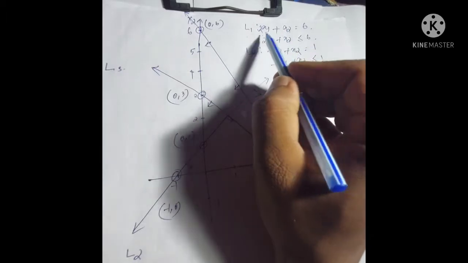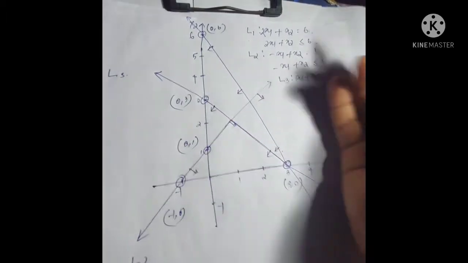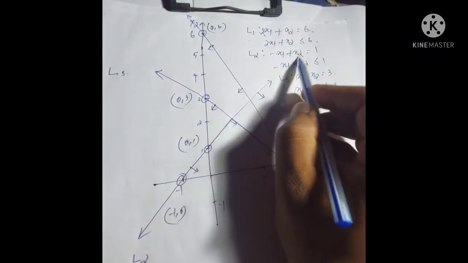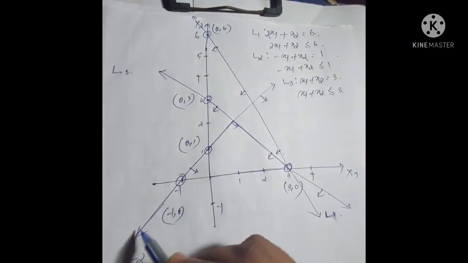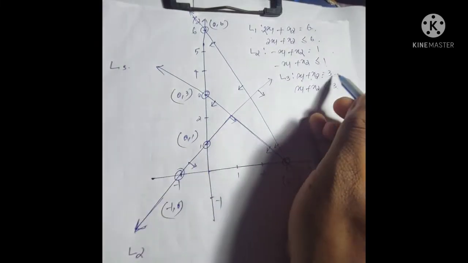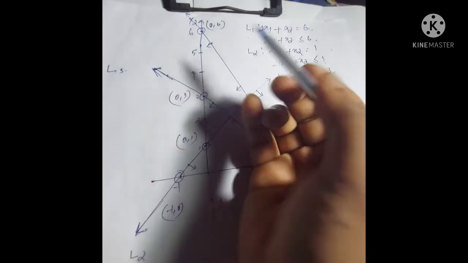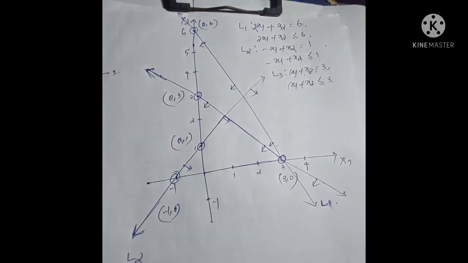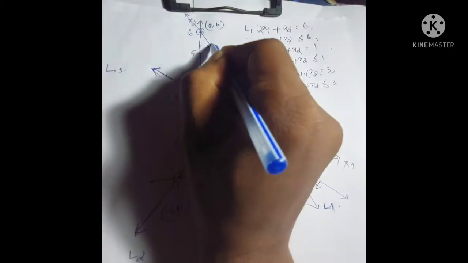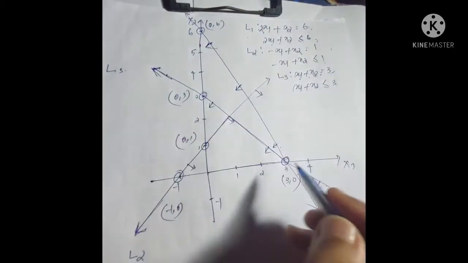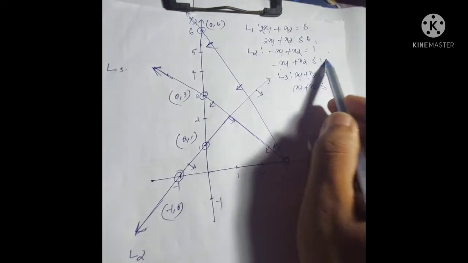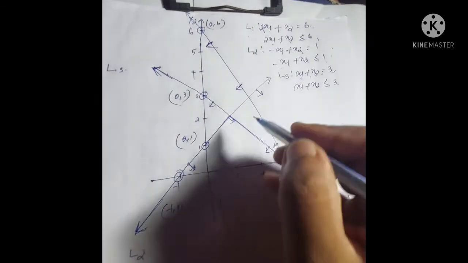Now the L1 line is 2x1 plus x2 is equal to 6, which is plotted as this line, and the L2 line is minus x1 plus x2 is equal to 1, and the line will be this line, and the line L3 is x1 plus x2 is equal to 3, and the line will be this line. Now we have to find the feasible region. For line 1, 2x1 plus x2 less than or equal to 6, the region will be this region, and for L2, minus x1 plus x2 less than or equal to 1, the region will be in this direction.